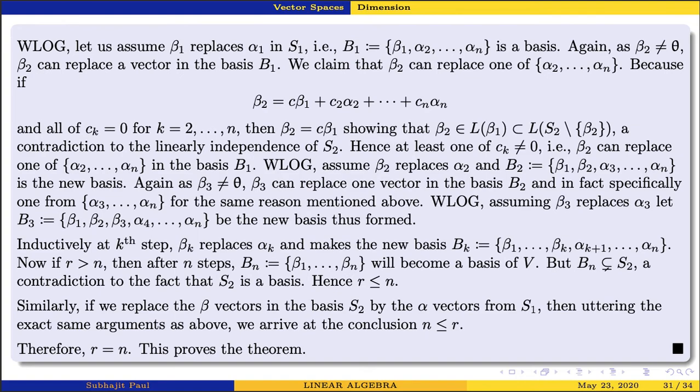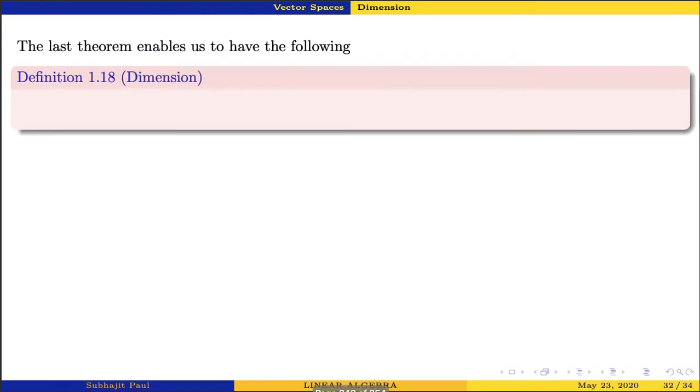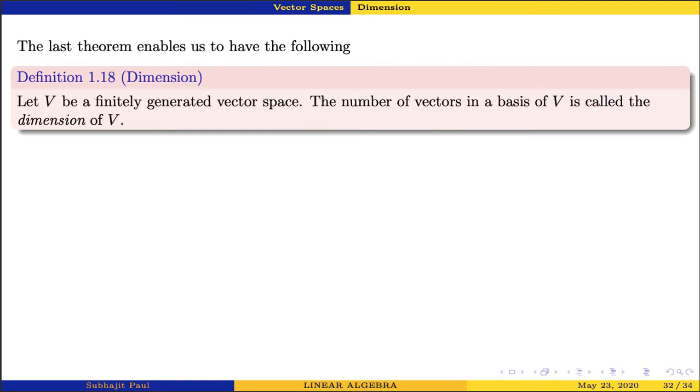So, any two bases of a finitely generated vector space have the exact same number of elements. This last theorem enables us to have the following definition of what is called a dimension. Let V be a finitely generated vector space.